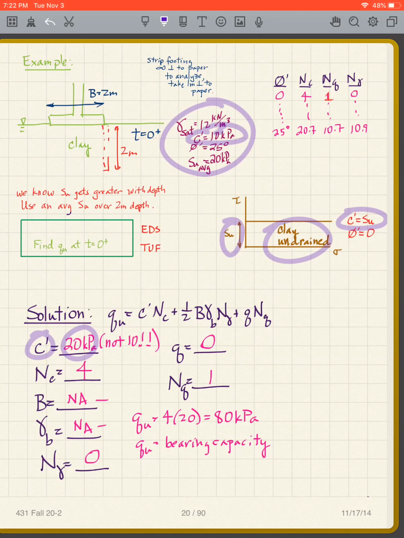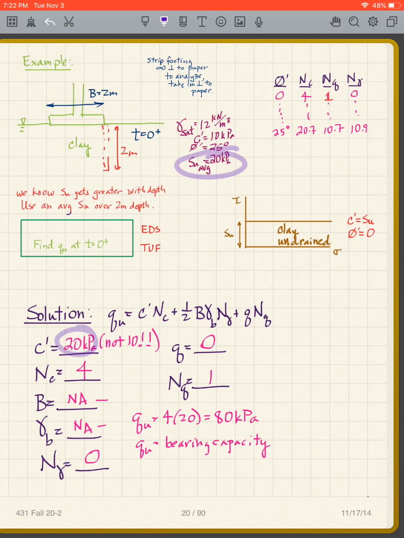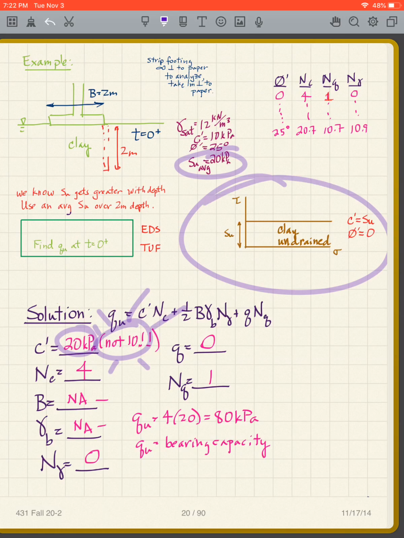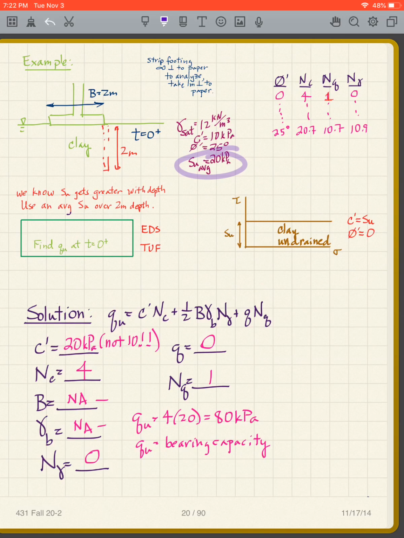So SU is what? SU is 20. So I put 20 here, not 10. Be aware, you have to think through what is our failure envelope and put in the correct value, because C prime in the equation really means intercept of the failure envelope.